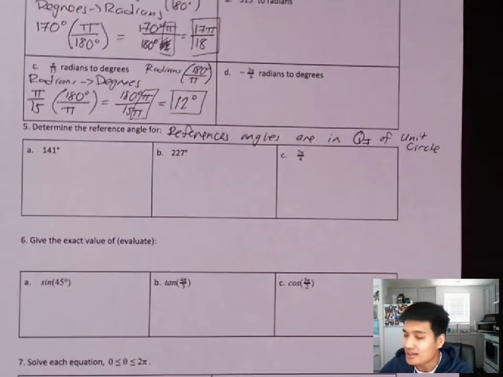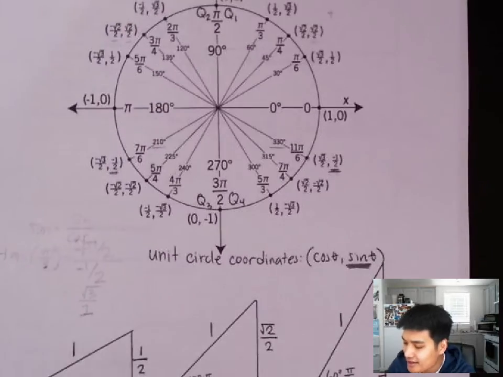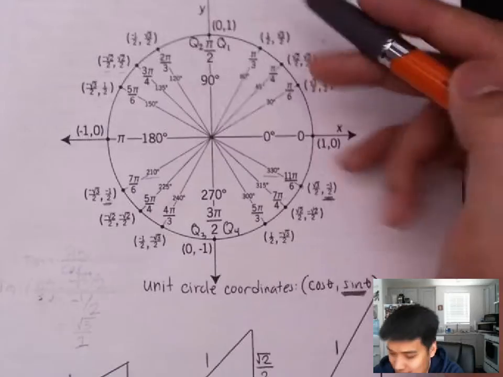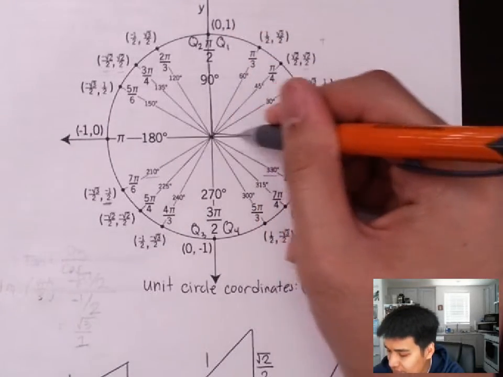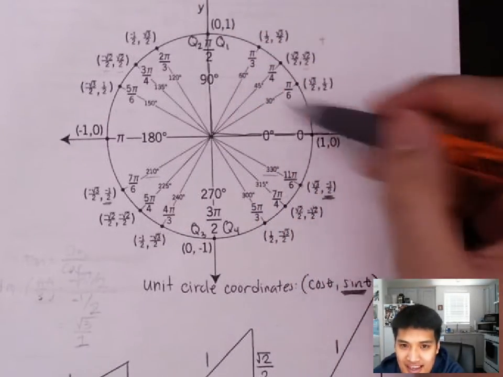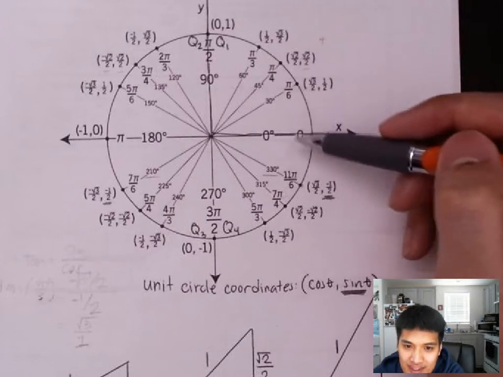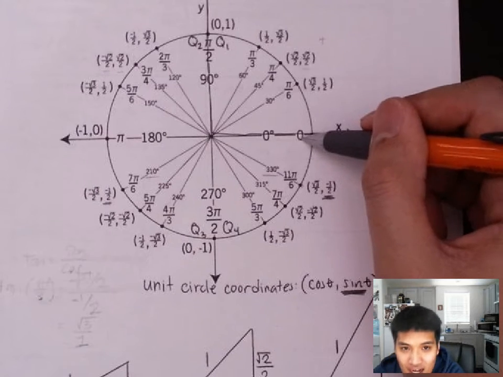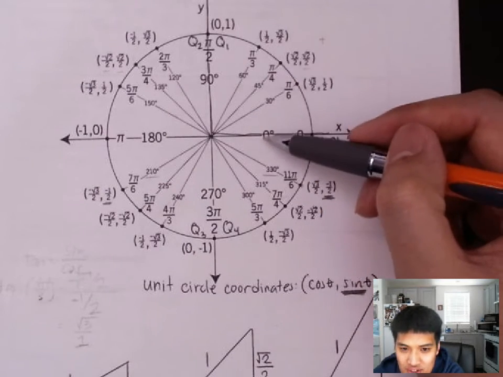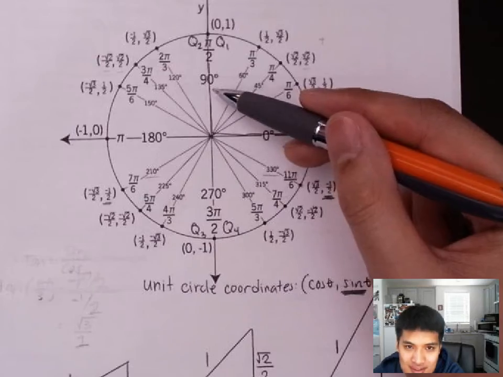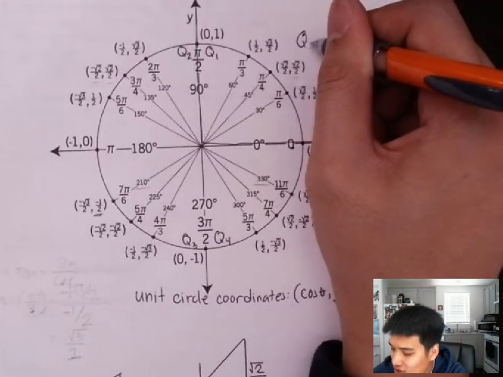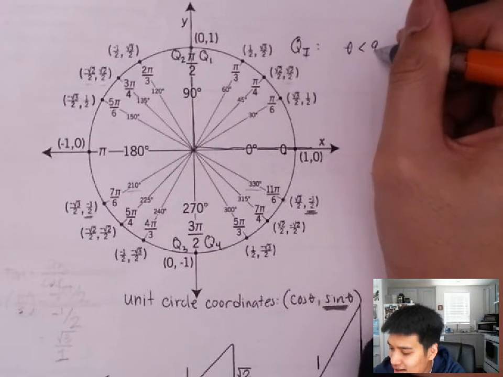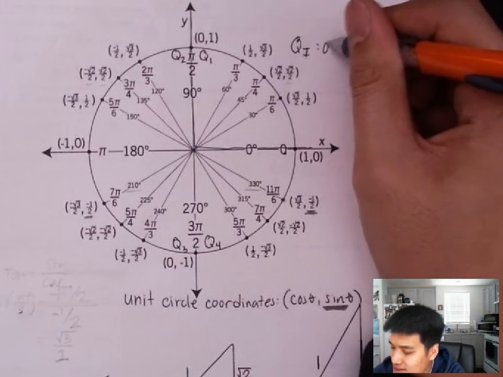If you reference your unit circle, this upper right hand portion is quadrant 1. As you can see, the degree measures vary from 0 all the way up to pi over 2, or from 0 degrees to 90 degrees. So when things are in quadrant 1, your angle is between 0 degrees and 90 degrees.